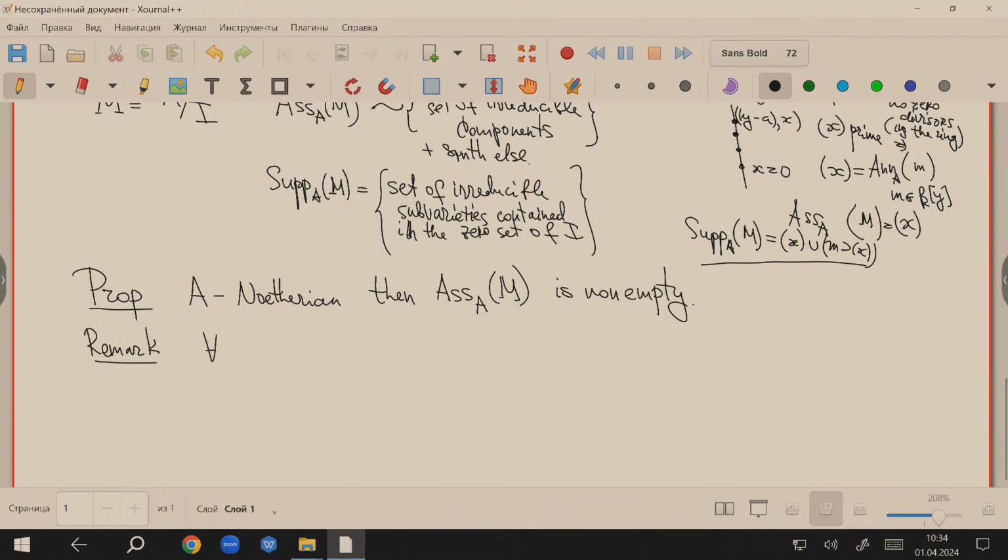For any element m inside the module M, we shall find the element m tilde in A times m such that the annihilator of m tilde is a prime ideal.